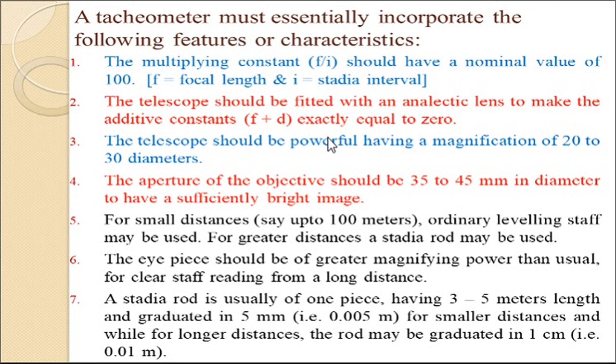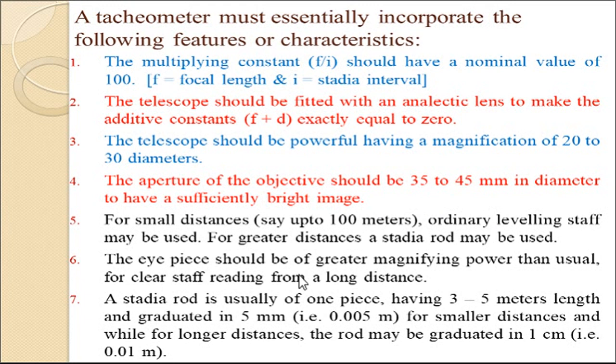Second, the telescope should be fitted with an anallactic lens to make the additive constant f + d exactly equal to 0. Then the telescope should be powerful, having a magnification of 20 to 30 diameters. Then the aperture of the objective should be 35 to 45 mm in diameter to have a sufficiently bright image.